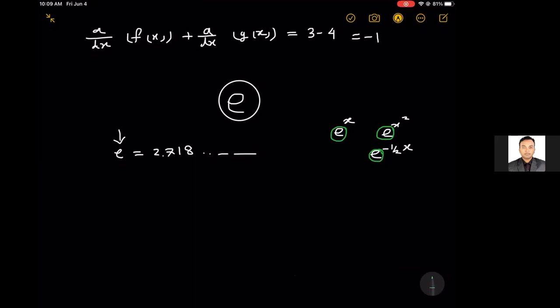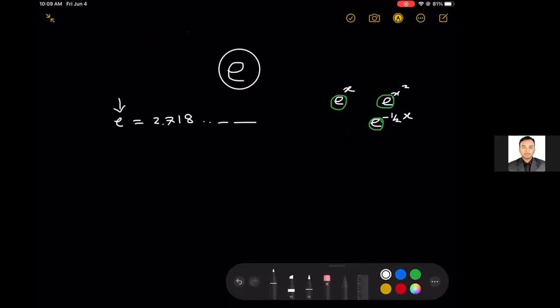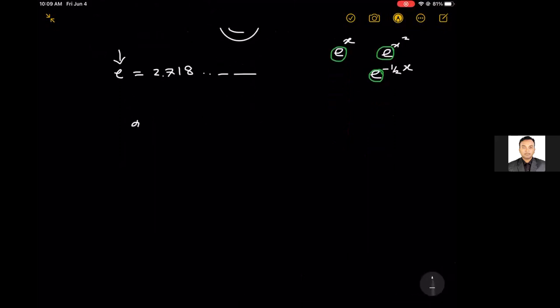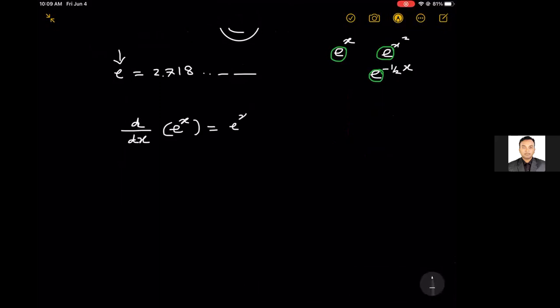We'll see some of these very soon. So what happens if we have e as the base of these types of exponential functions? Then we have a certain rule for it. If you have anything of this format, it will always return you the same function.